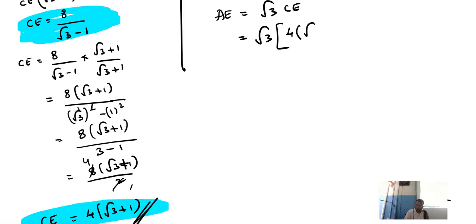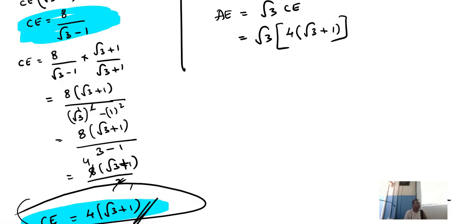Again open the bracket, in that root 3 plus 1. Close the main bracket. Already 4 is outside the bracket. Now 4 should multiply with root 3 and 4 has to multiply with 1. It is not 4 root 3 plus 1. It is 4 into root 3 plus 1.